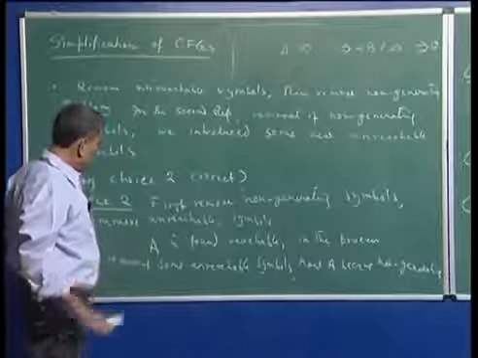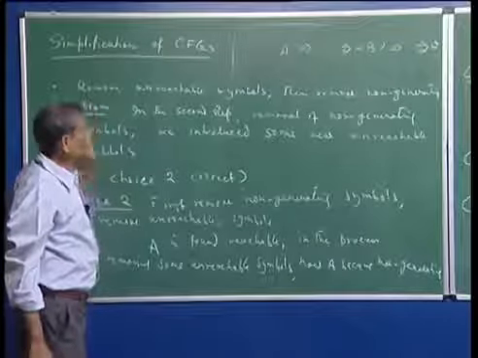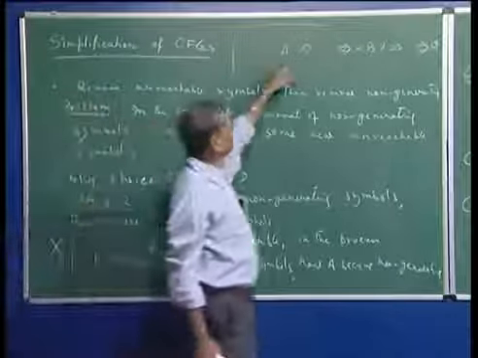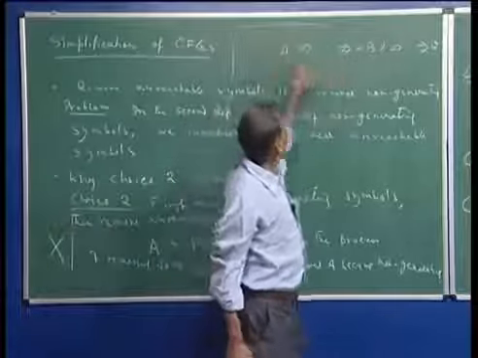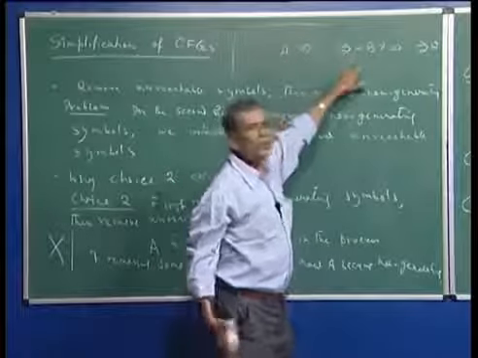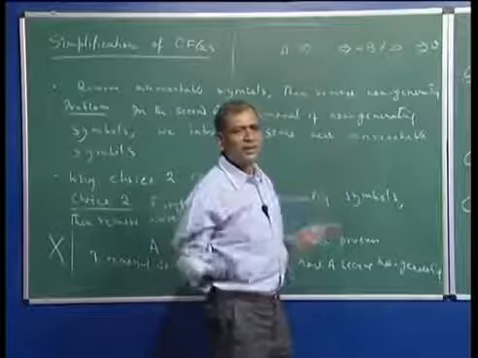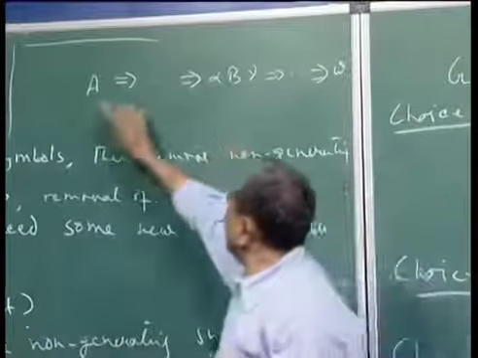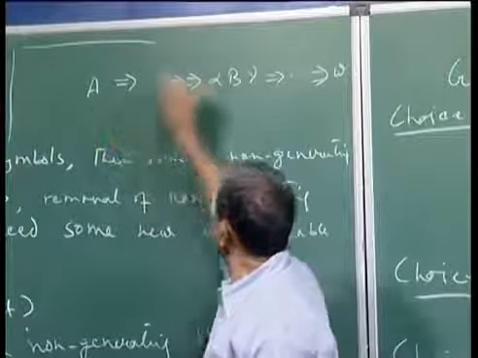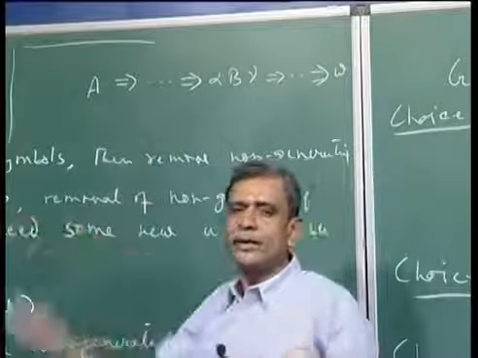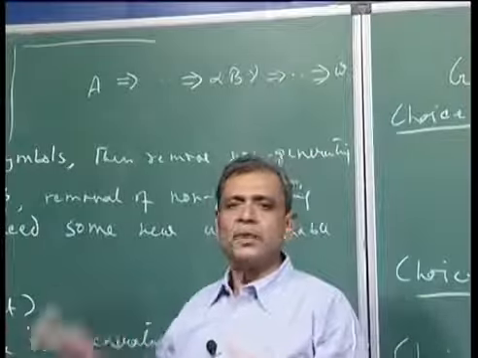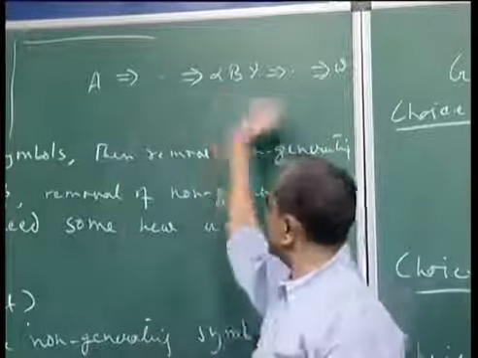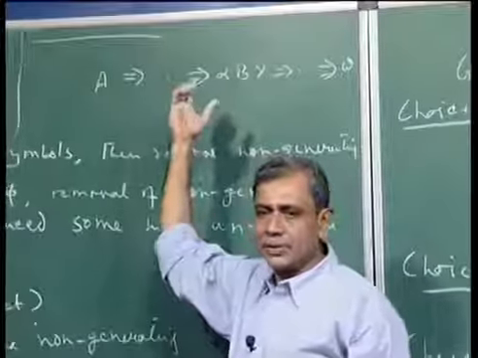We are looking at whether some symbol is not reachable and then removing them. But if we have found A to be reachable and we can reach B from A as this shows, then surely B will also be reachable, isn't it? Reachability is transitive. If you can reach A from S, and we can reach B from A, therefore we can reach B from S also. So this B will not be thrown out, because it is clearly reachable. If A is reachable, then B is also reachable.